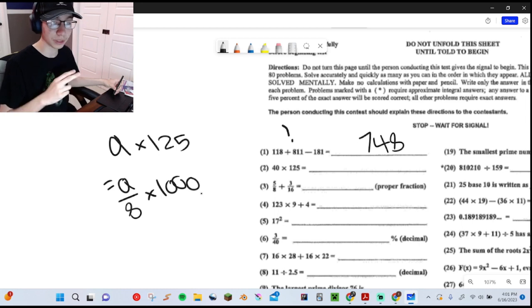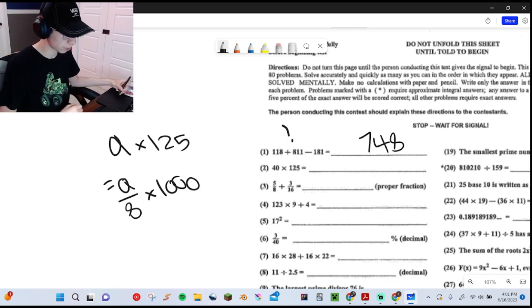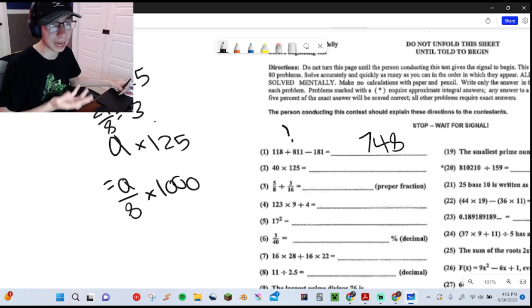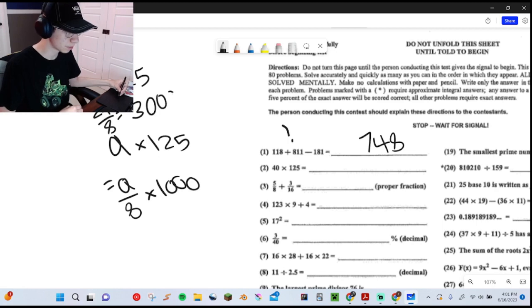So you can think of it as dividing by 8 and then adding 3 zeros. So an example would be like if I had 24 times 125, what I could do is I can divide the 24 by 8, that's 3, and just add 3 zeros, so 3,000 would be our answer.